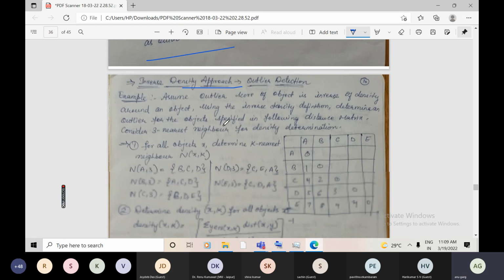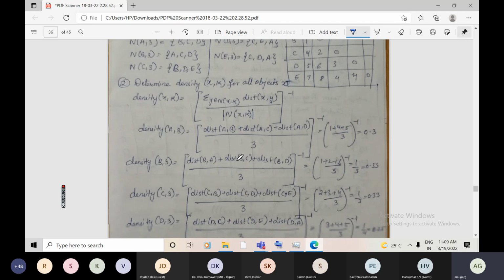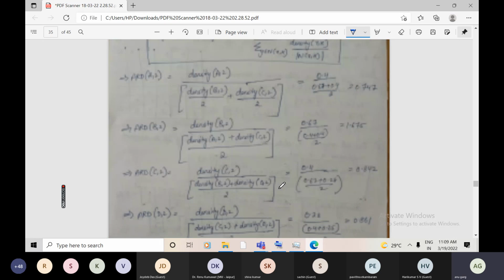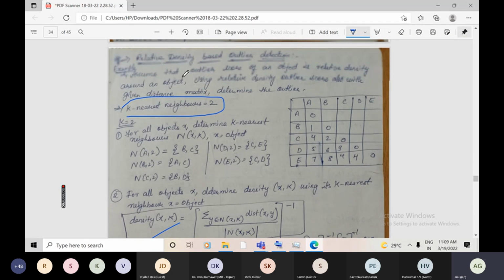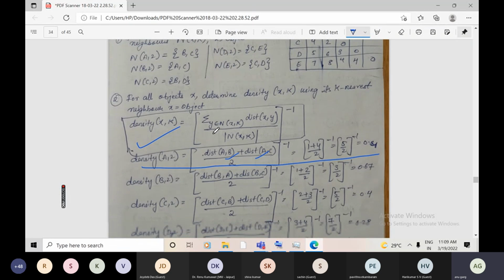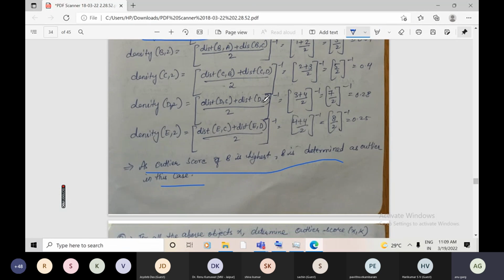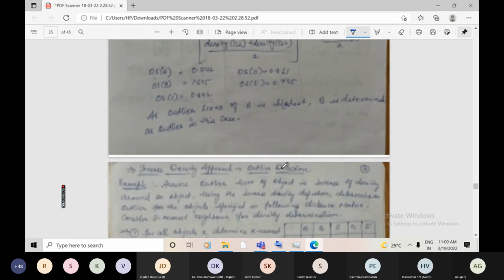And then the inverse density approach. In the inverse density approach, they have taken distance of A comma B, A comma C, inverse. This is the same as relative density, both are the same formulas.